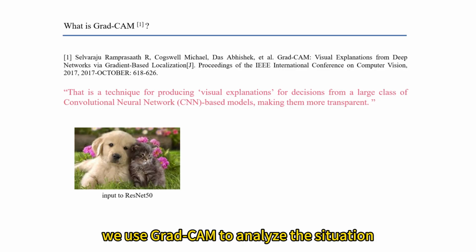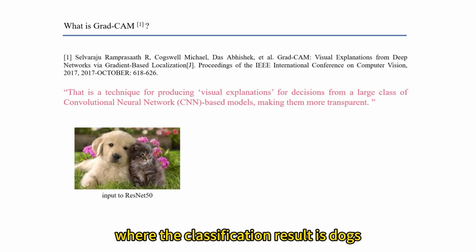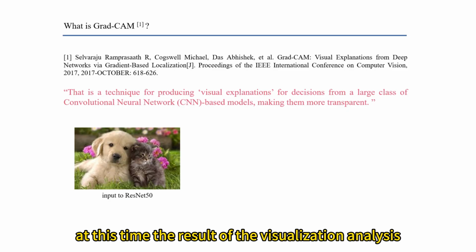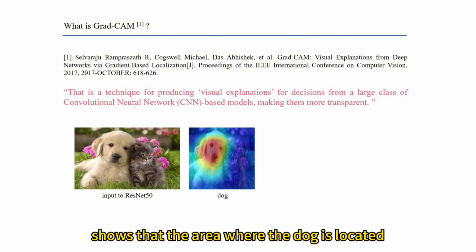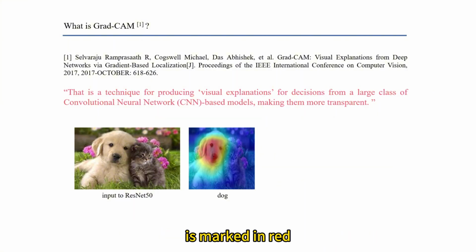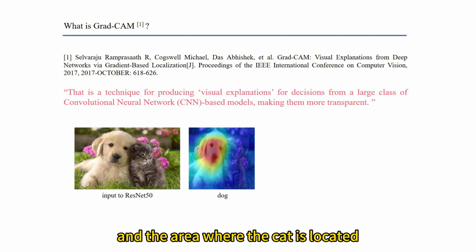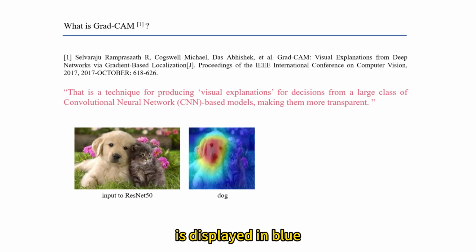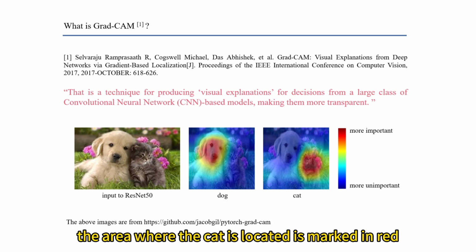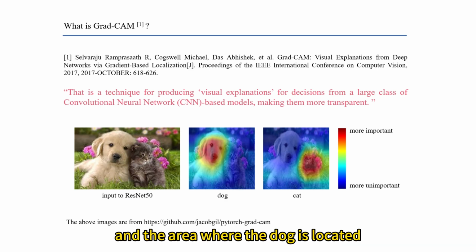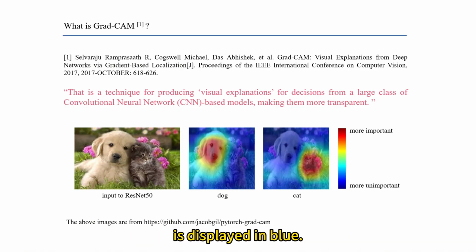Then, we use Grad-CAM to analyze the situation where the classification result is dog. At this time, the result of the visualization analysis shows that the area where the dog is located is marked in red, and the area where the cat is located is displayed in blue. Similarly, when the classification result is cat, the area where the cat is located is marked in red, and the area where the dog is located is displayed in blue.